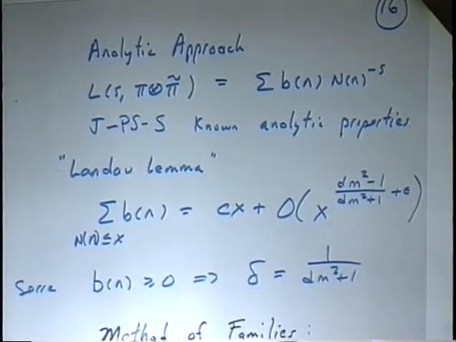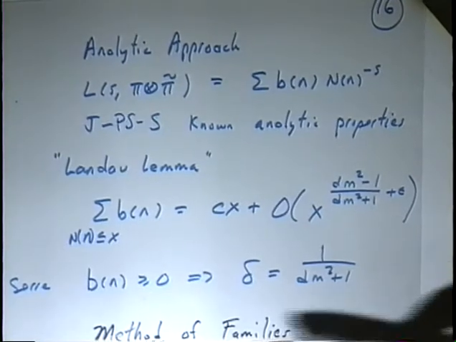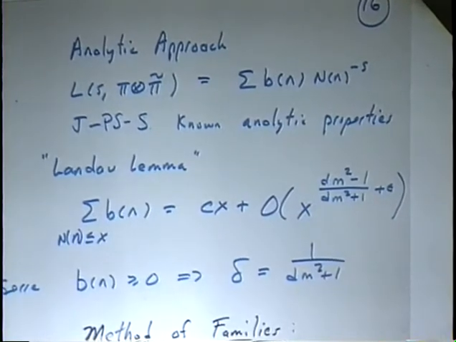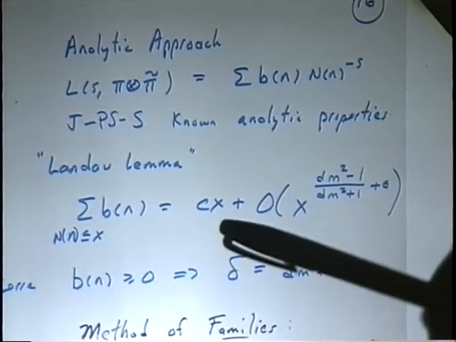I won't go into all the details of what's known, but it's enough to apply a classical lemma from analytic number theory, usually called the Landau lemma. It's Perron's method together with some cancellation of exponential integrals. So one can obtain an asymptotic for the sum of the coefficients of the Rankin-Selberg, which of course are directly related to these parameters we're interested in estimating, at least at the finite places.